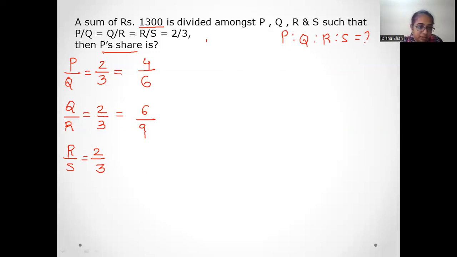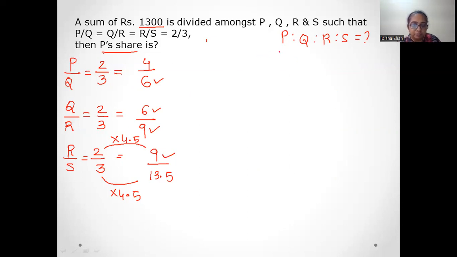Now let's come here R is 9 and here R is 2. अभी आपको 2 की जगह पे 9 कर रहे हैं, इट मीन्स ये जो 2 है उसकी जगह पे आपको 9 बना के लाना है. फिर 9 कैसे आ जाएगा, 2 का 9 कैसे किया आपने, आपने इंटू 4.5 कर दिया, बिकॉज 4.5 इंटू 2 इज 9, तो इसको भी इंटू 4.5 करेंगे. 4.5 times 3 is 13.5. फाइनली आपने सब इक्वेट कर दिया. सी Q यहाँ पर 6 है, Q यहाँ पर 6 है, R यहाँ पर 9 है, R यहाँ पर 9 है, so आपने सब इक्वेट कर दिया.